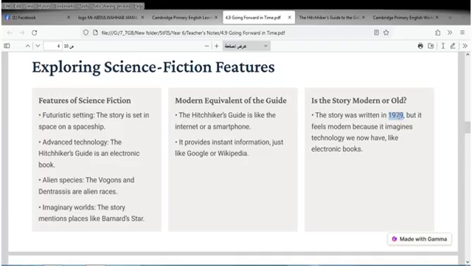But remember, in 1979, this invention, the Hitchhiker's Guide, is something very advanced, very futuristic. You understand me? So try to associate yourself to the time when the story was written. So imagine yourself that you are in 1979 and you are reading the story at that time. It is science fiction.